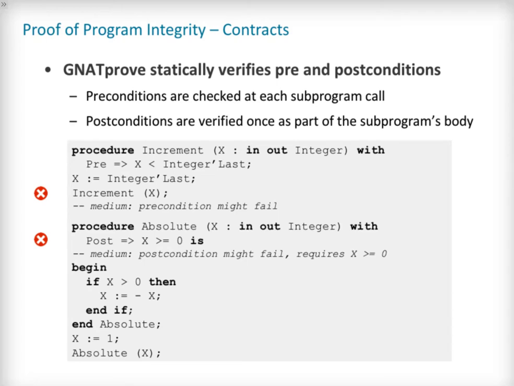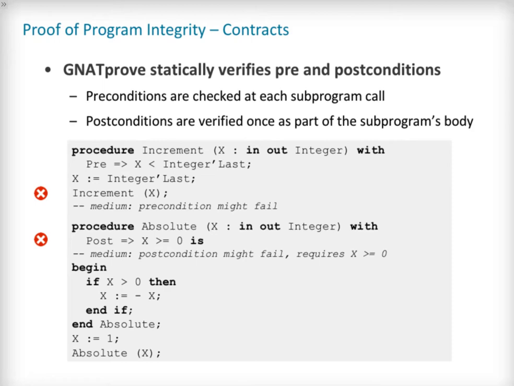To ensure the soundness of its analysis, GNATprove needs to statically verify pre- and postcondition contracts. Like in the runtime semantics of contracts, preconditions are verified every time a subprogram is called. Postconditions, on the other hand, are verified modularly once and for all as part of the verification of the subprogram's body.